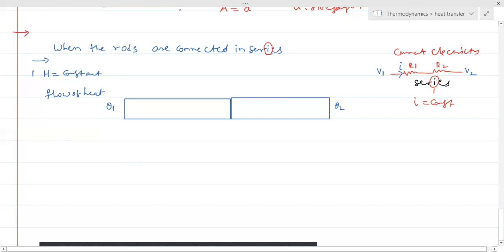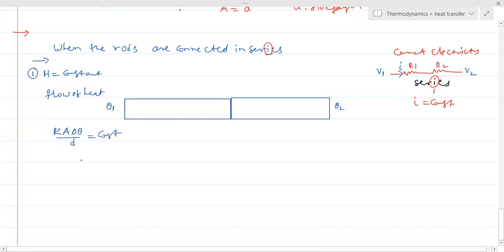So the first important point is H is constant. When H is constant, we will analyze slowly: K into delta theta by D is equivalent to constant.